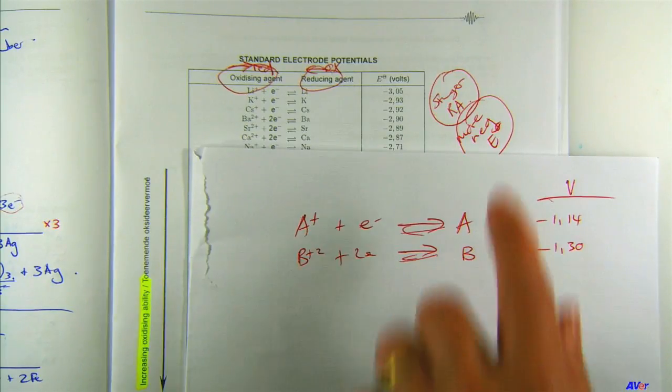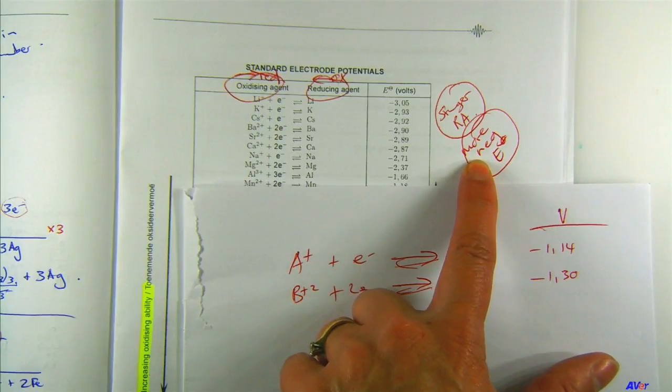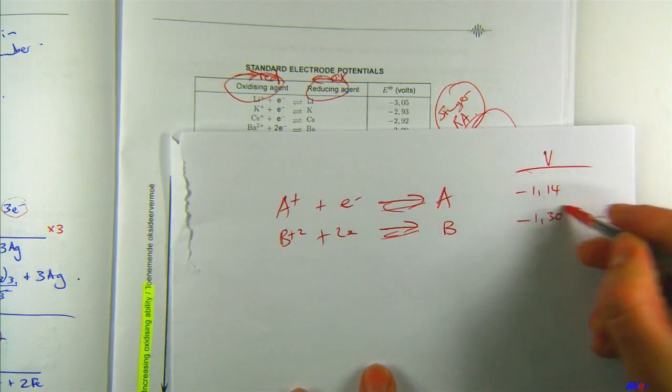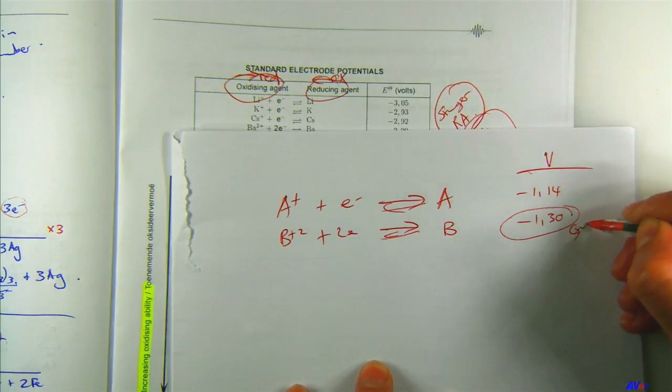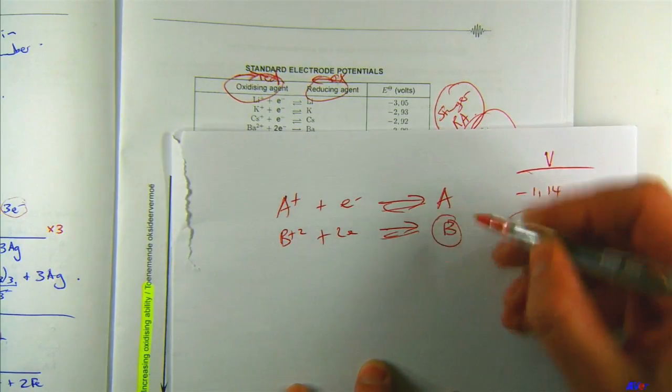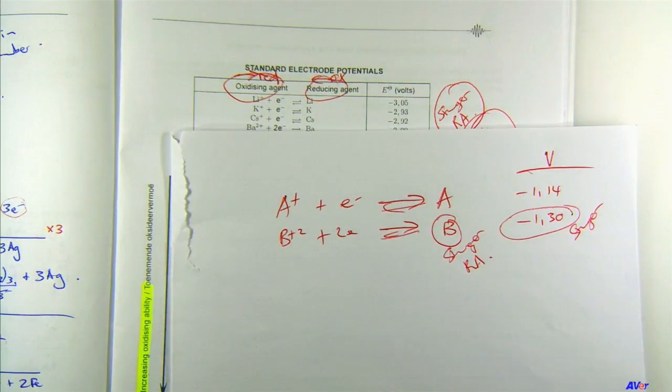The stronger reducing agent is the one with the more negative E0 value. So immediately this one has got a more negative E0 value. So this one is the stronger. So B will be the stronger reducing agent. So you may never talk about top or bottom. You talk about more negative E0 value. That makes it a stronger reducing agent.